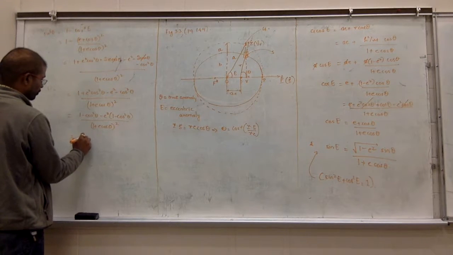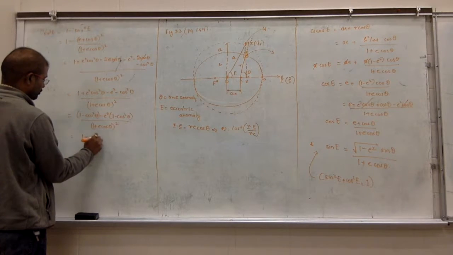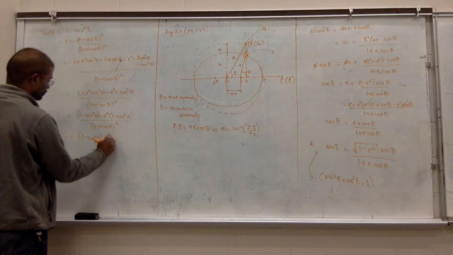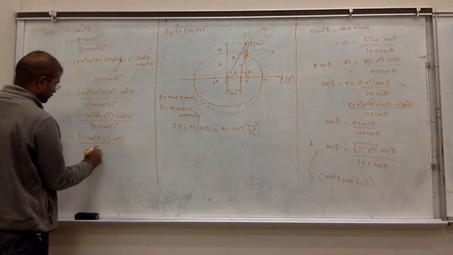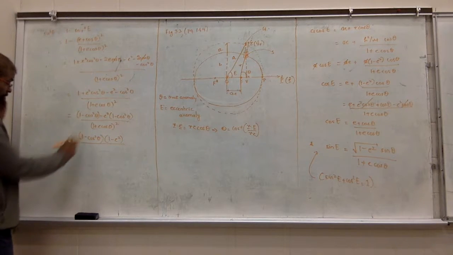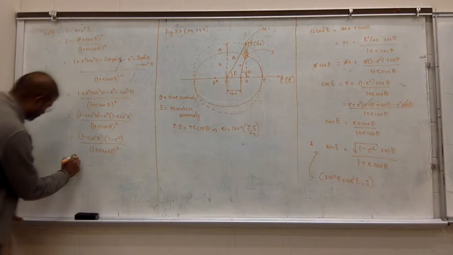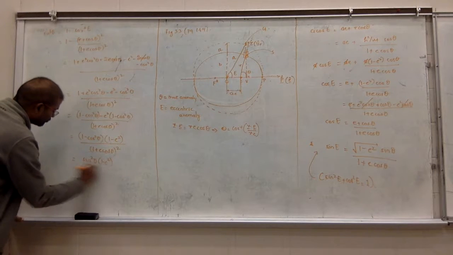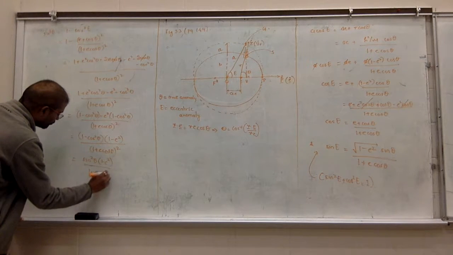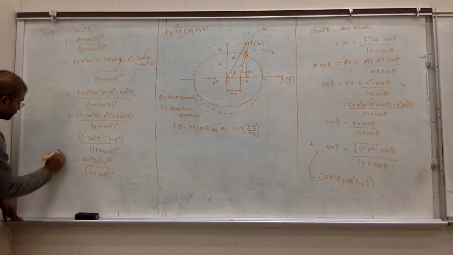So this would be 1 minus cosine square theta into 1 minus e square. What is 1 minus cosine square theta? Sine squared. Yes. And this is what? Sine squared E, right?